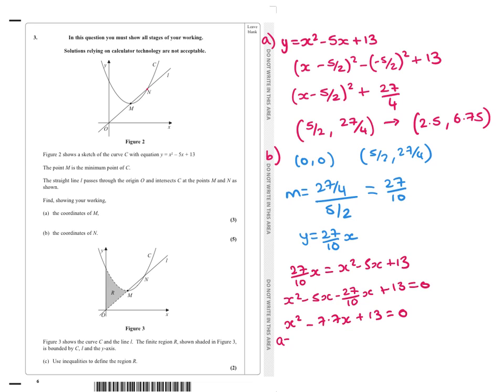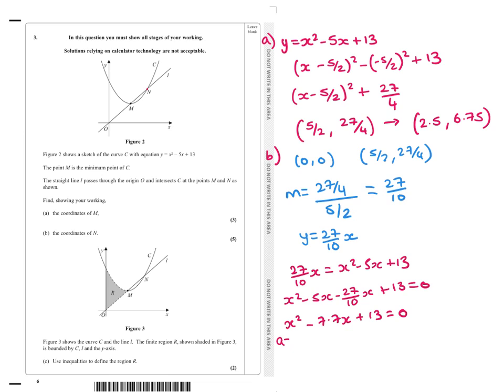Okay, let's see what the mark scheme says. Yeah, I think, okay, so that mark scheme actually, believe it or not, factorises this, but I think if we show that we're using the quadratic formula, then that will also be okay.